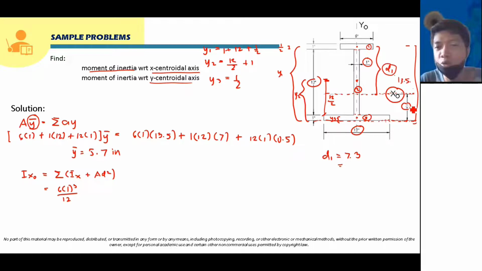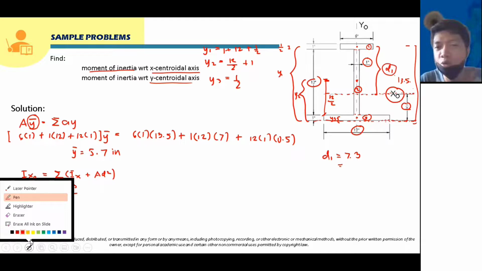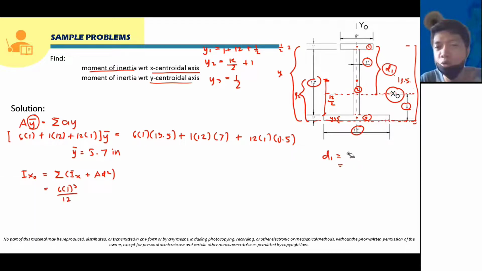And then minus the y bar. The y bar is 5.7. Since there is no definite formula on how you are going to determine that distance, you yourself have to think how you can get it.